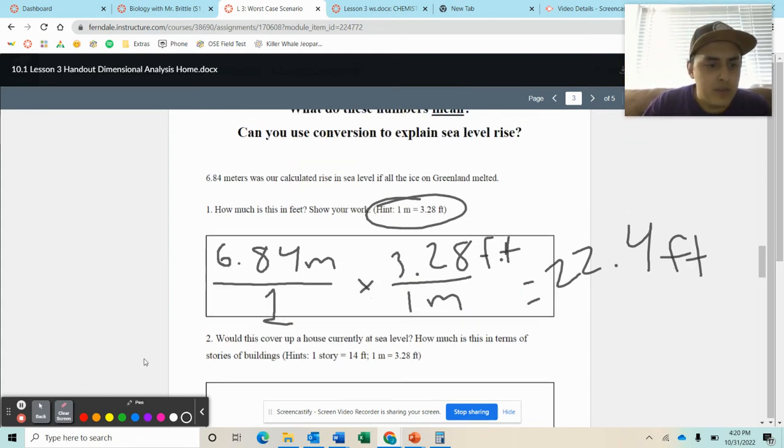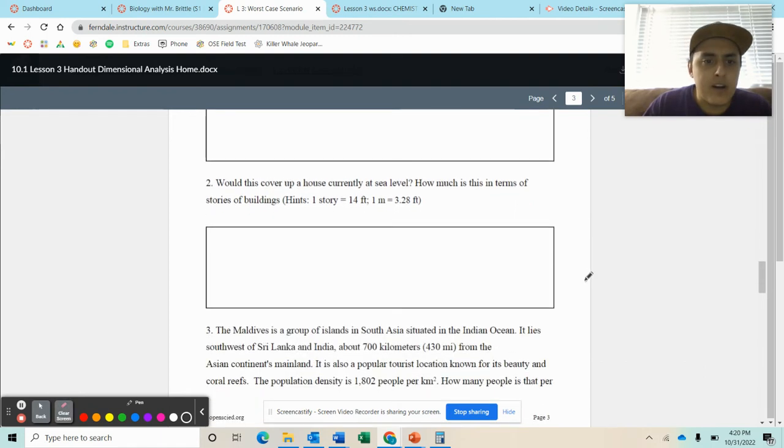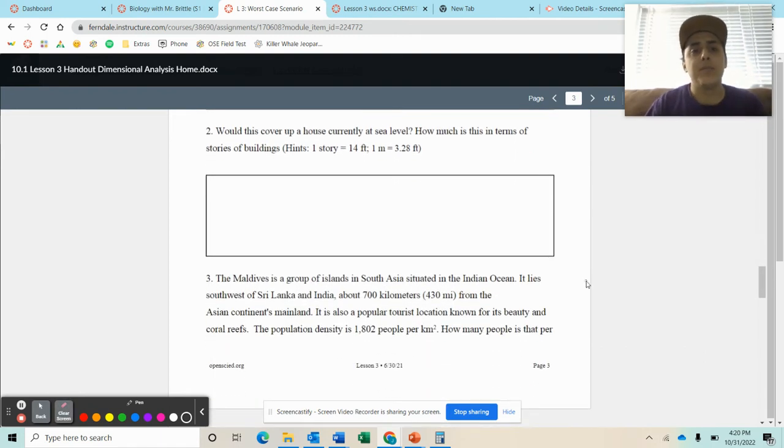So let's go down to number 2. Would this cover up a house currently at sea level? How much is this in terms of stories or buildings? So again, starting number times conversion factor.